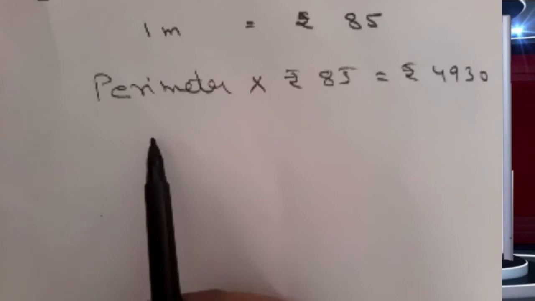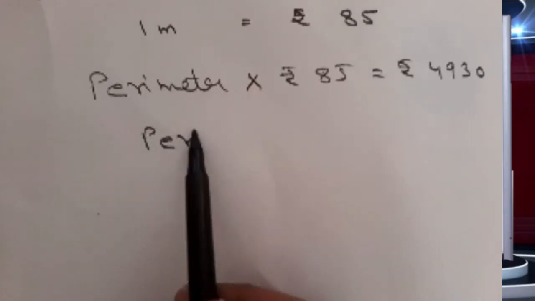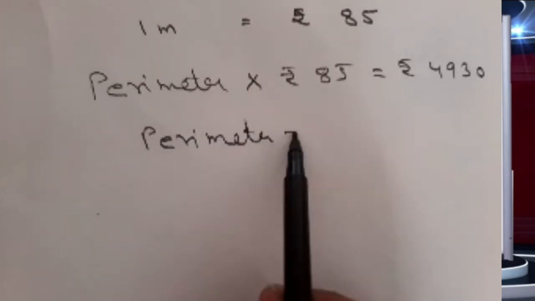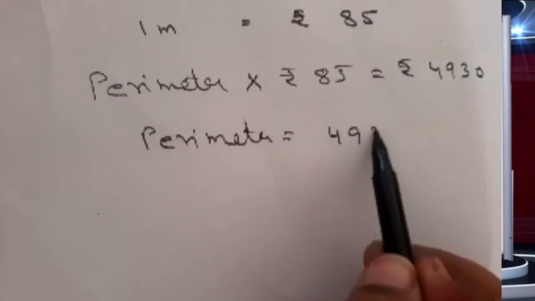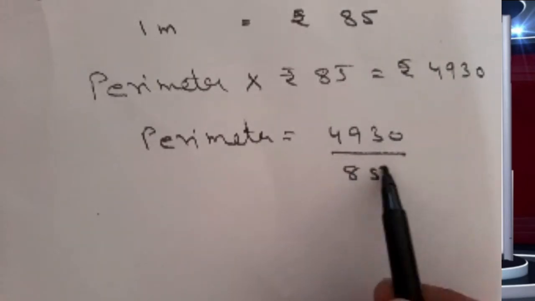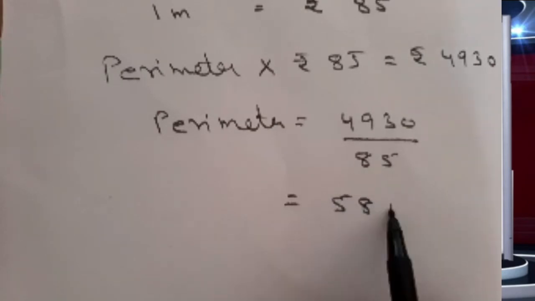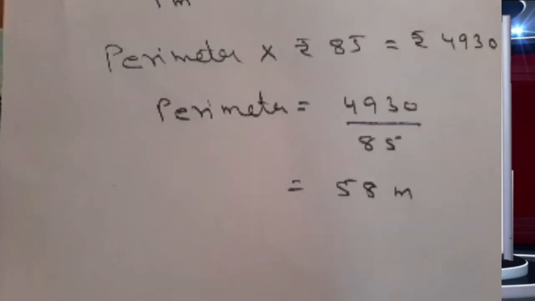So my first step is to find out the perimeter. Perimeter is 4930 by 85, which will give you 58. So the perimeter of the compound is 58 meters.